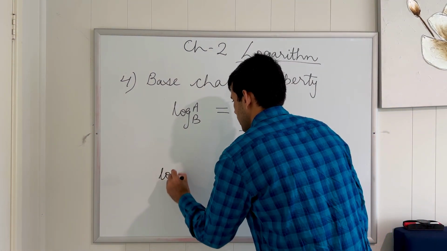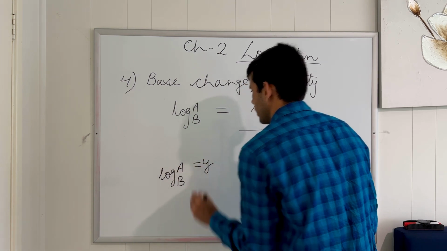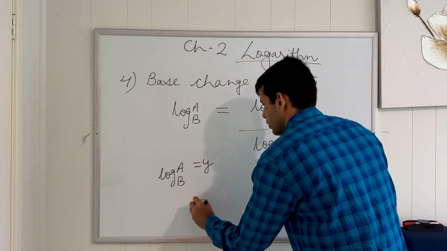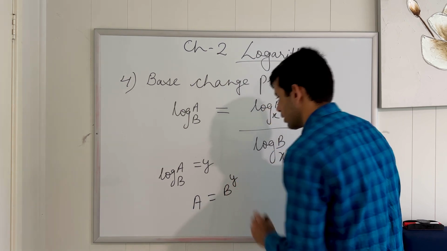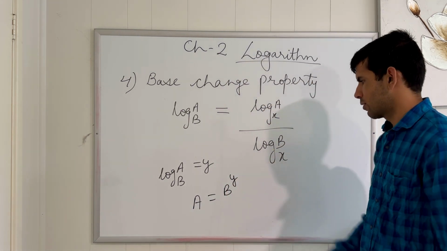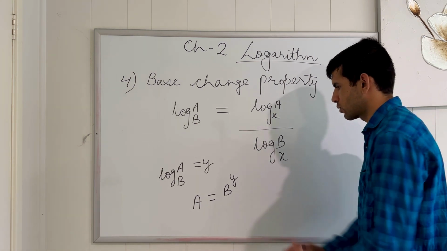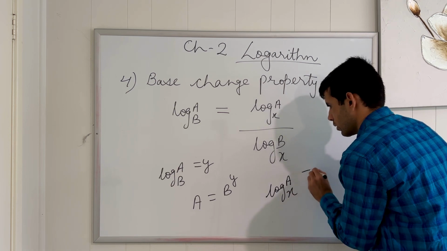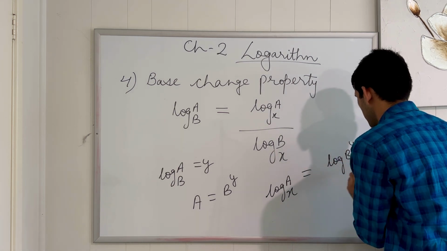So I would just assume log a base b as y, correct? If I'm assuming it as y, then a should be equal to b to the power y, correct? And then if you take base x on both the sides, log a base x equals log b to the power y base x.